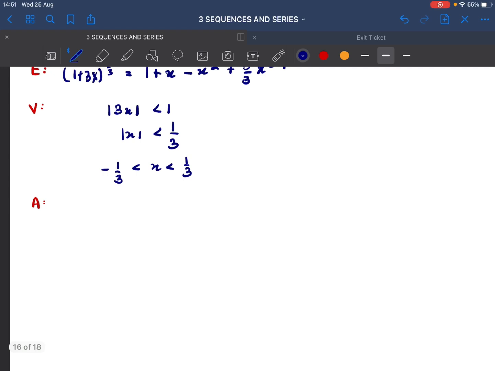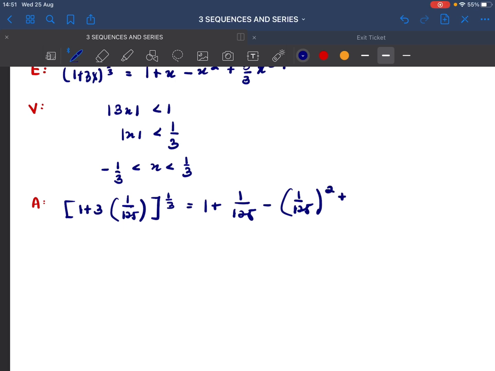So here we will have 1 plus 3 times 1 over 125, to the power 1 over 3, and on the right hand side 1 over 125 minus 1 over 125 squared plus 5 over 3 times 1 over 125 cubed. That is what you need to do if your x is given: substitute x on the left hand side, substitute x on the right hand side.